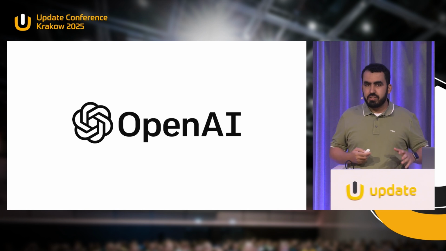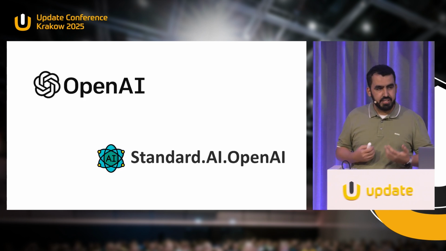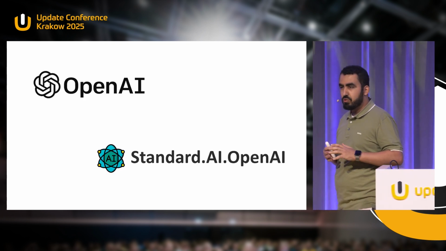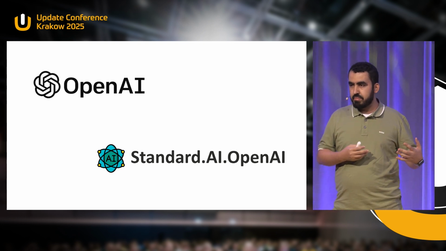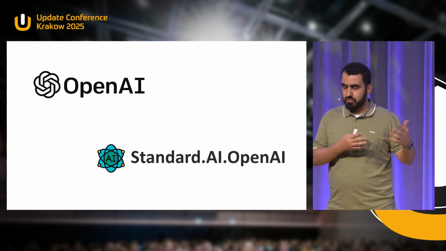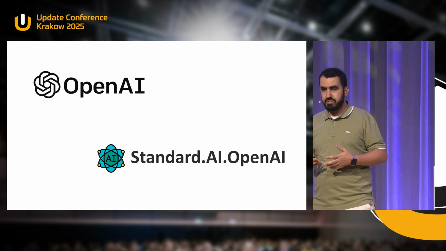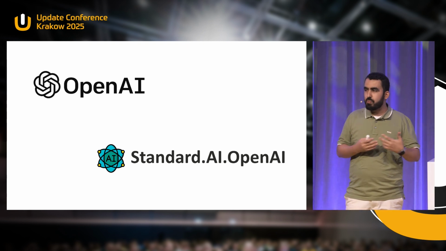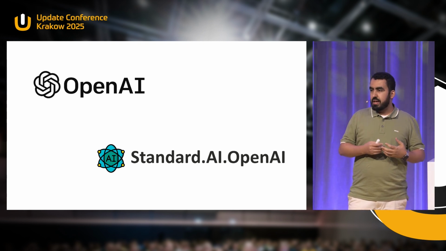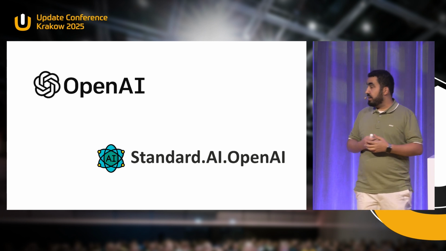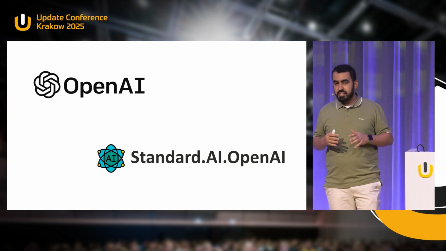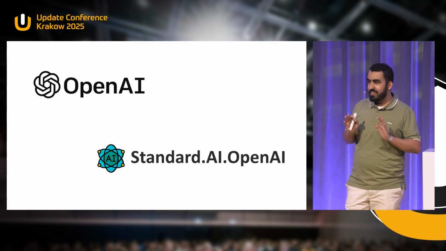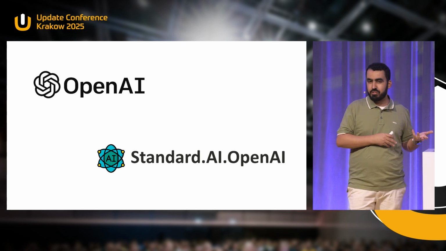Have you heard about this library, Standard AI OpenAI? It's an open source client library written in C# for C# developers to consume the OpenAI API. I had the chance to be one of the contributors on this library. We wrote this library live, and the live videos are documented.